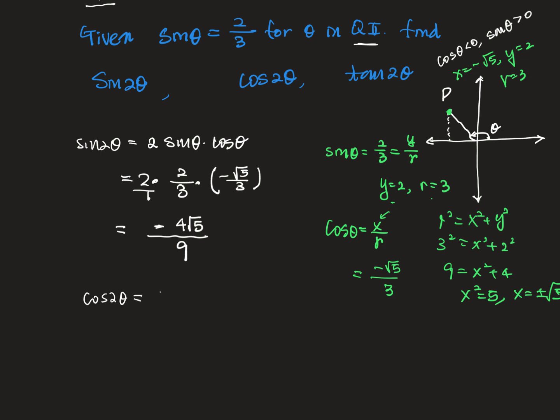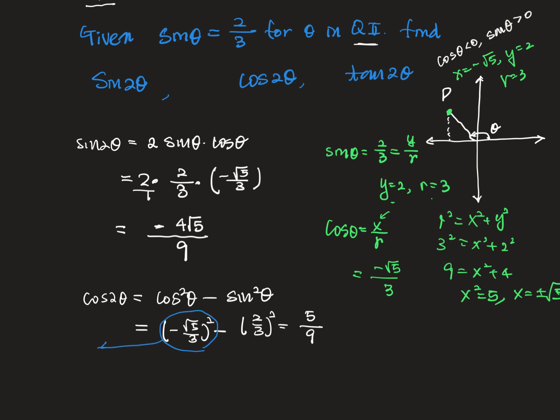How about cosine 2 theta? Cosine 2 theta is cosine square theta minus sine square theta. What is cosine theta? You found it right there: negative square root of 5 over 3, squared, minus 2 over 3, squared. Negative times negative is positive, square root of 5 times square root of 5 is 5, and 3 times 3 is 9.